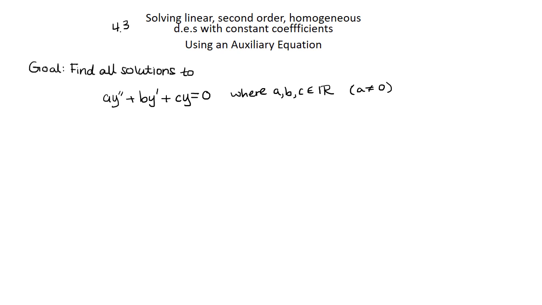We started looking at these yesterday. We saw a couple of examples, and the solutions that we found involved cosines and sines and e to the x's. So we're going to start with a guess, and that guess is going to be, well, maybe it looks like an exponential.